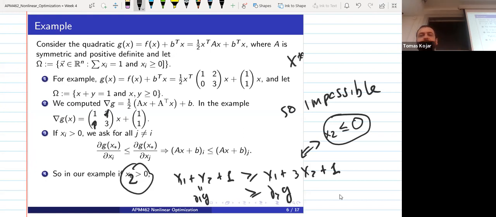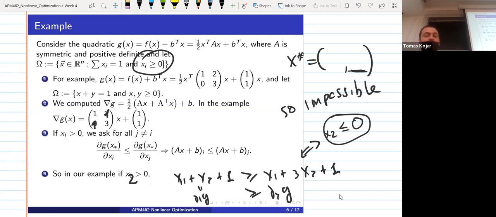So the minimizer will be of what form? What will be the second component? You're almost there.